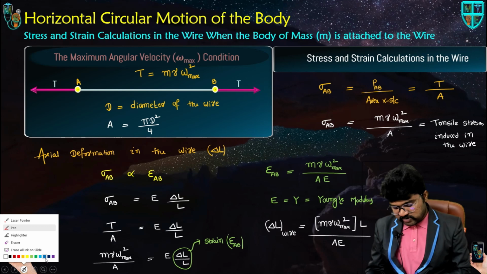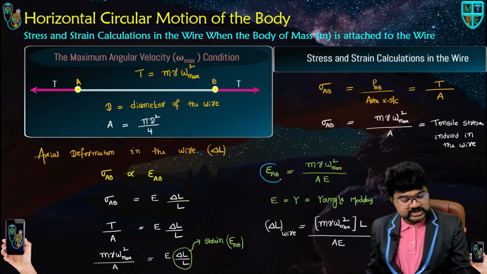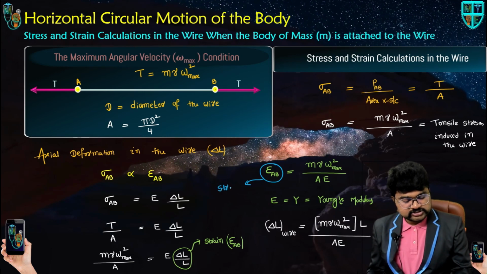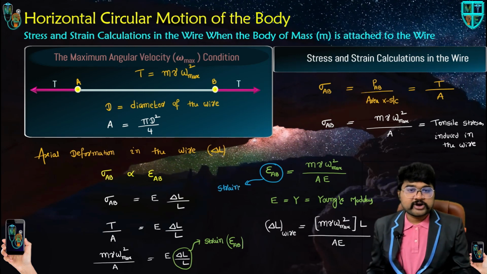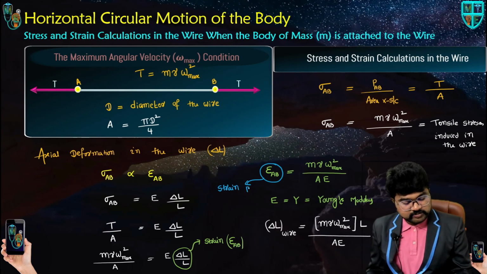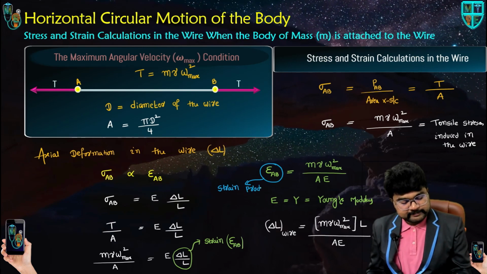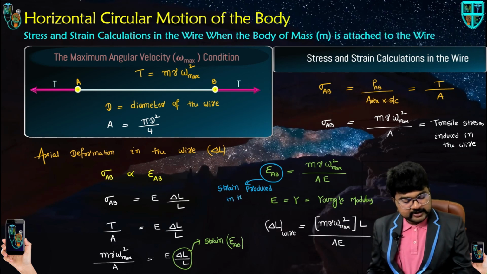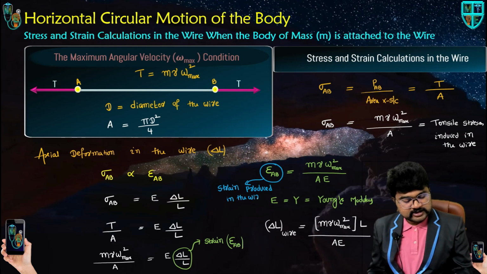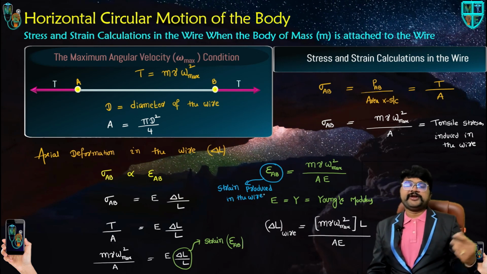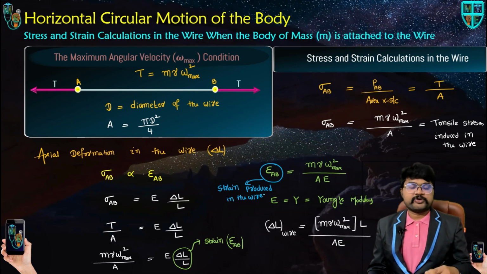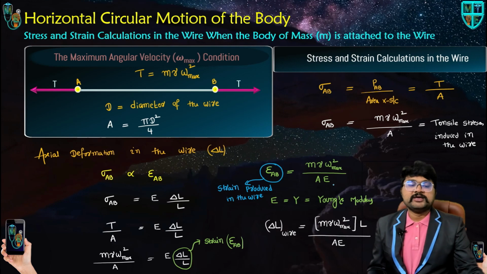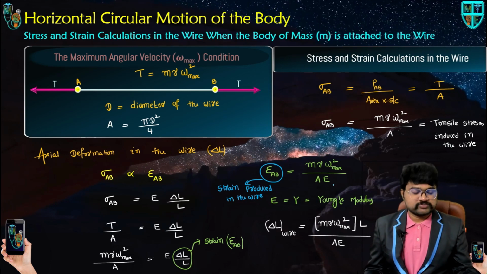This is the strain produced in the wire, the longitudinal strain. Understood now? It is very simple. Stress induced in the wire and strain produced in the wire. Understood? m r omega maximum square by A E. E refers to Young's modulus.